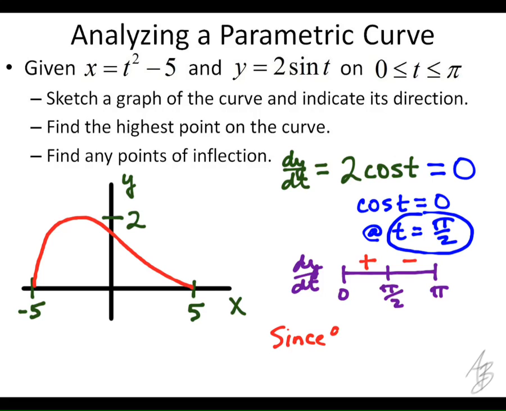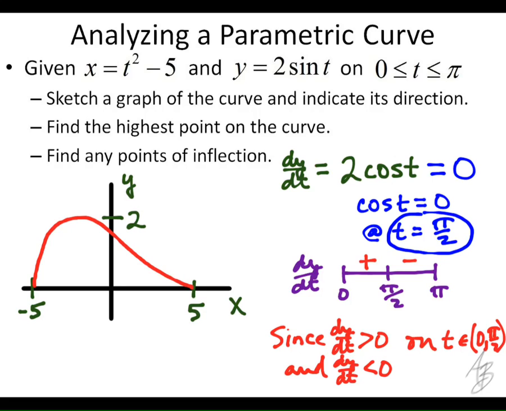Since dy dt is greater than 0 on this interval, we don't need to include the endpoints. And dy dt is less than 0 on the interval to the right.